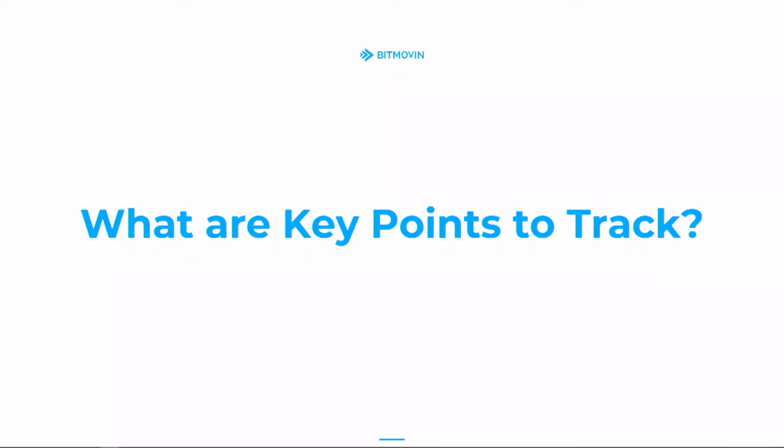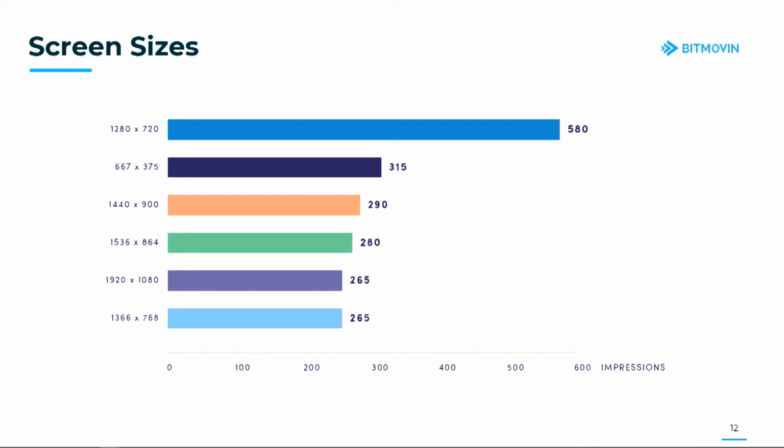So taking a break from that, we'll look at some of the analytics data that might be key points to track in making your decisions about video preparation. Screen resolutions and those being presented based on the playback experiences are a core piece of this. As I talk about this, the thing that I will really want everyone to focus on is that it's best to look at your data.